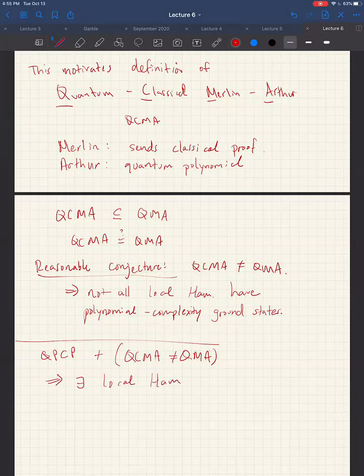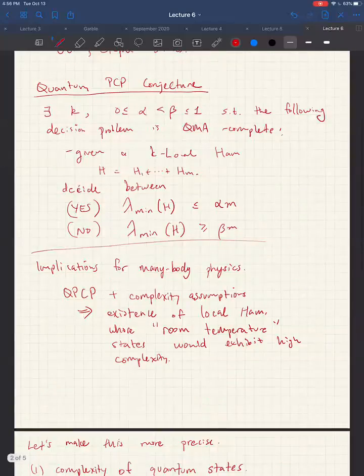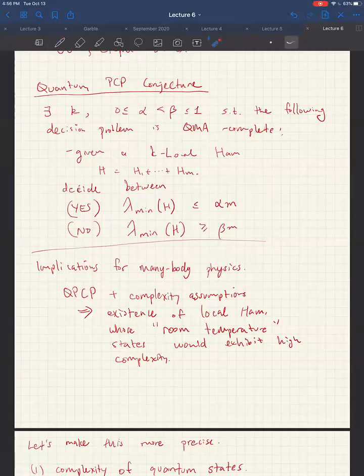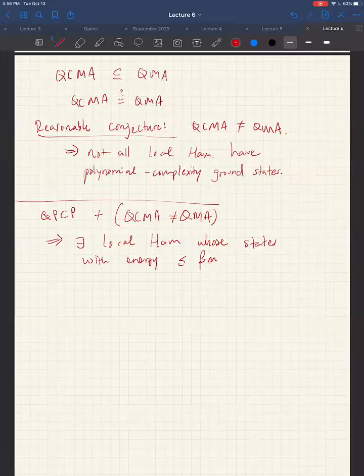So it would imply that there are local Hamiltonians whose states with energy less than beta m, where this beta m is the threshold between yes and no, cannot have polynomial complexity. Or I should say, all have super polynomial complexity.